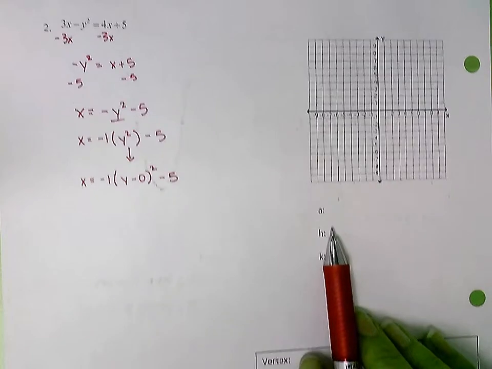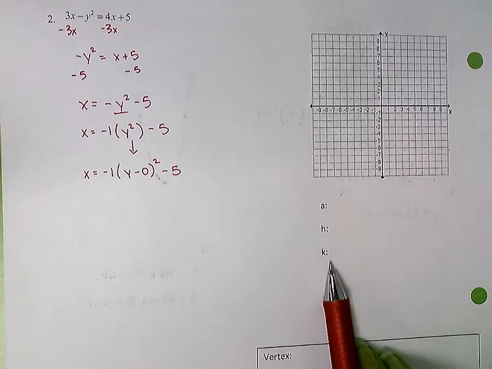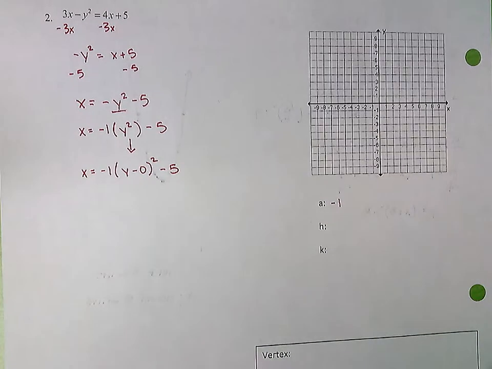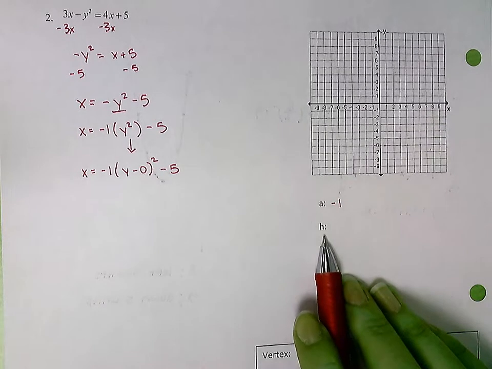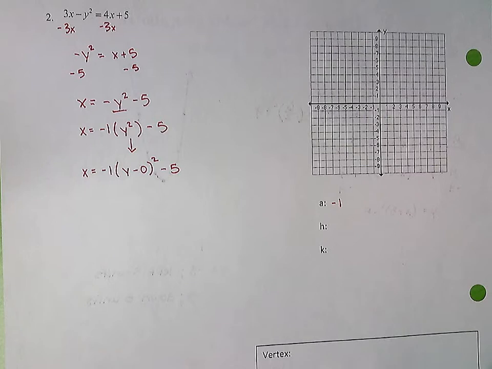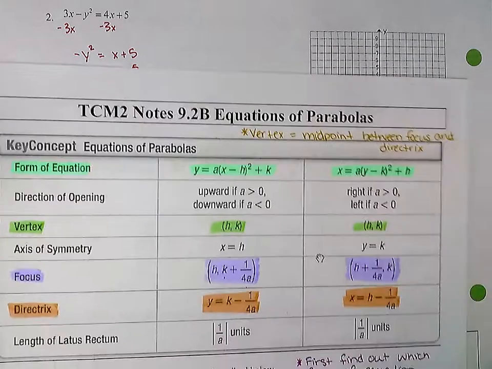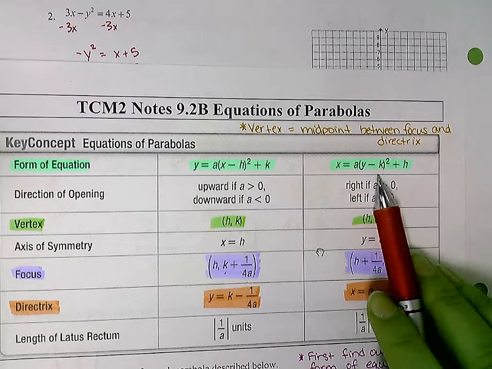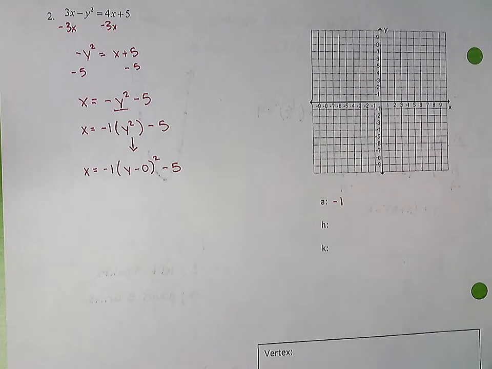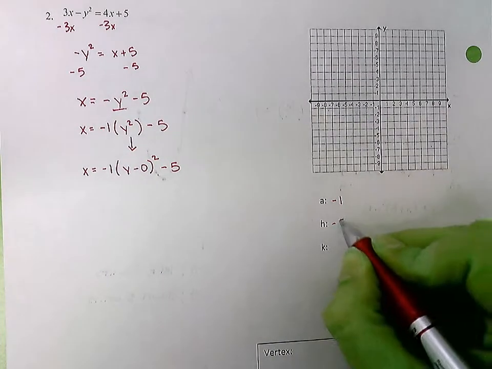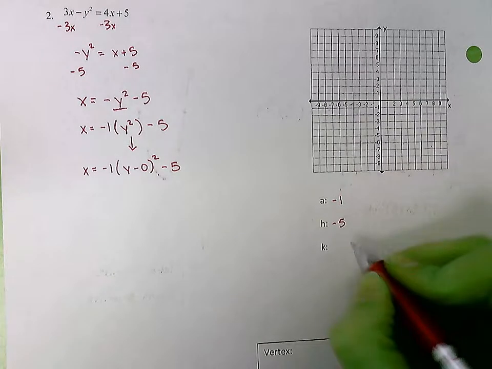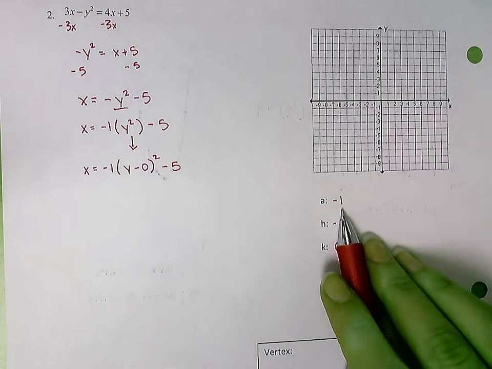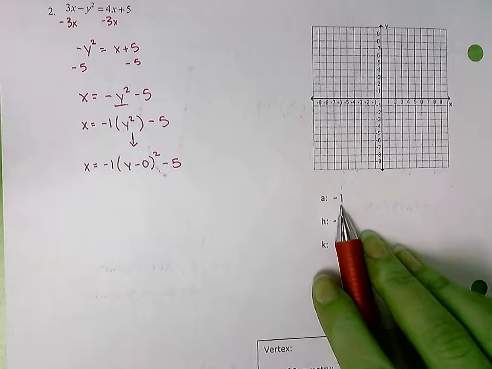So now I can decide what my a, h, and k values are. So a is that number out front. So that's negative 1. Your h value in this form is outside of the parentheses, because I'm using this one. So h is on the outside, k is on the inside. So h will be negative 5, and k will be 0. All right, a, I have a negative 1.